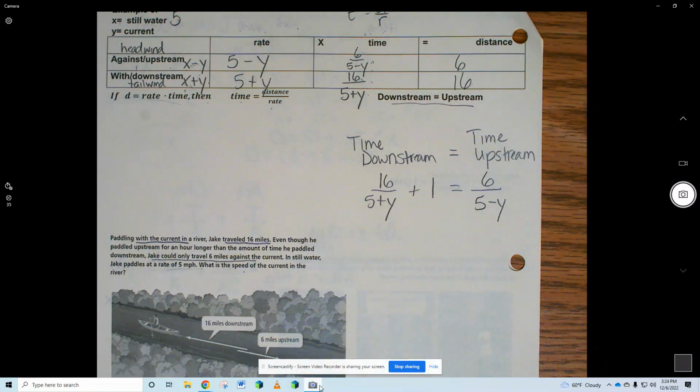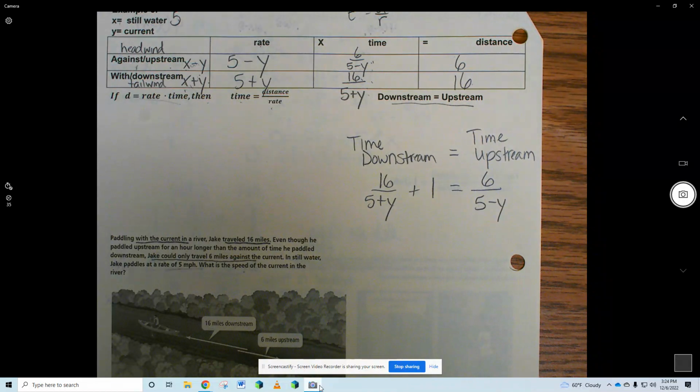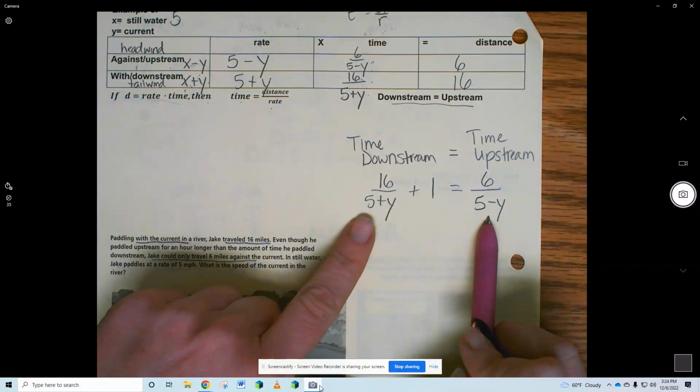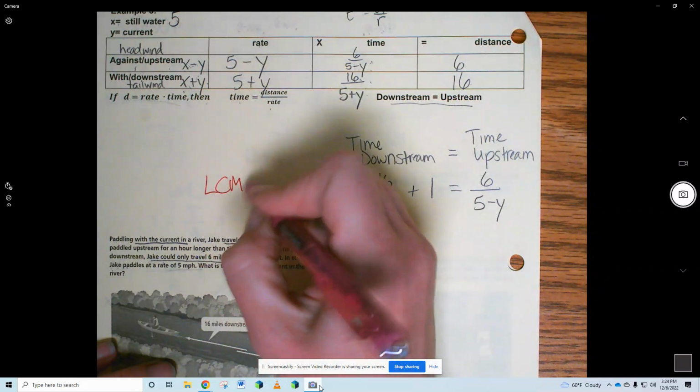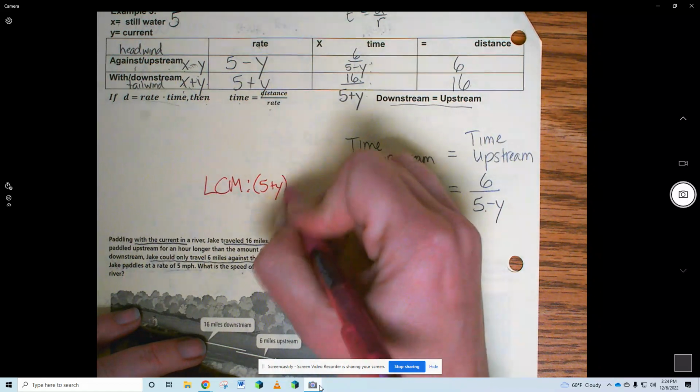Okay, this requires me to find the common denominator and multiply everything by it. I am going to write down all the steps, and I encourage you to pause the video so that you can catch up with my writing. So here we go. My common denominator, the LCM, has to include both of these: 5 plus y, 5 minus y.